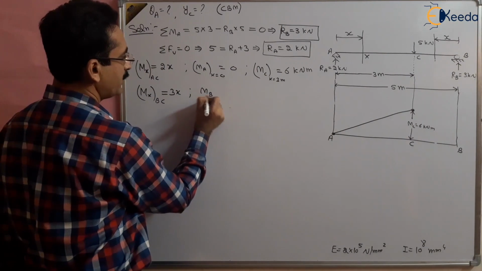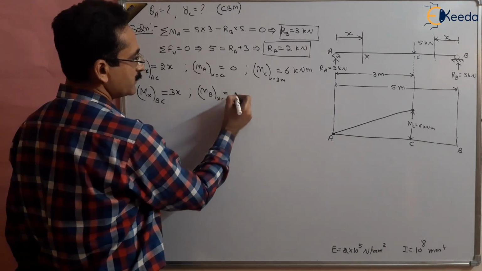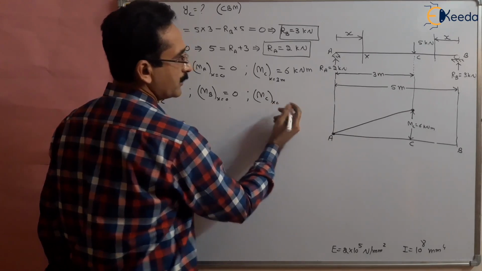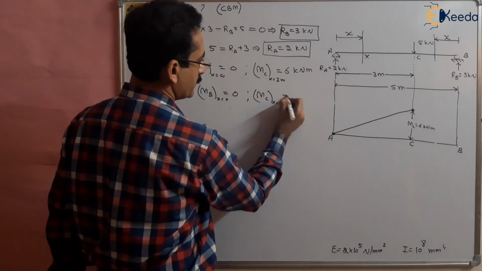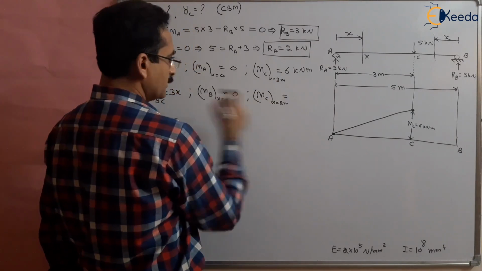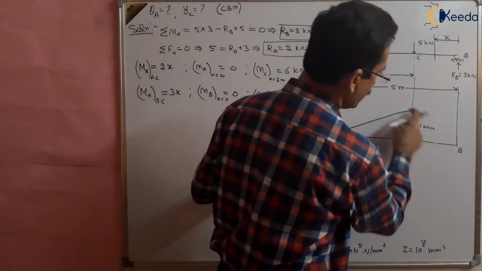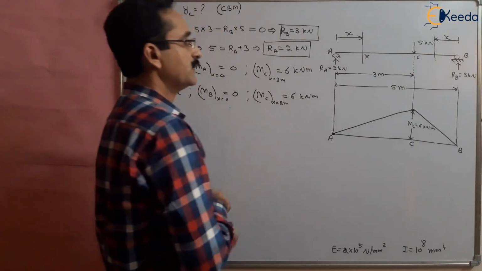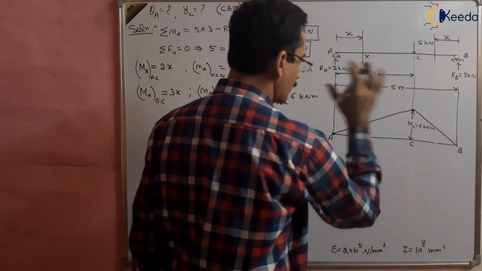So MB will be equal to 0, where x is equal to 0 because we are taking from B. And MC, where x is equal to this part, 2 meters, will come out to be 6 kilonewton meter. Again 6 kilonewton meter from 0 to 6, so you will get this line now. So this is the bending moment diagram.